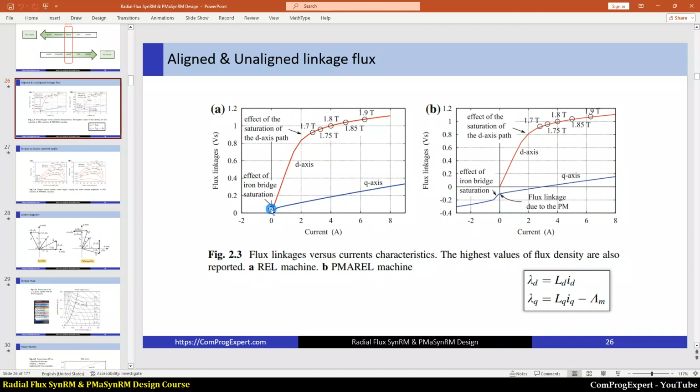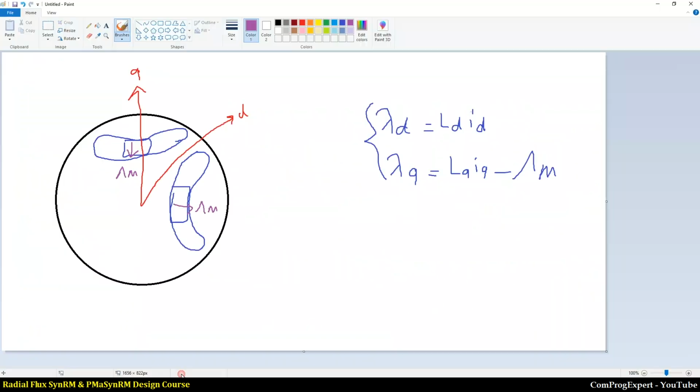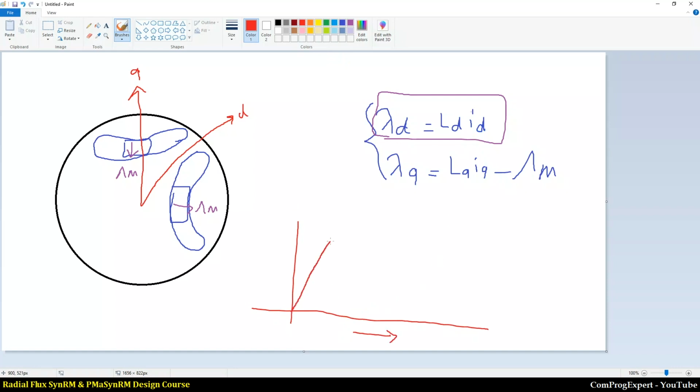So this red curve is the aligned flux linkage versus the current level. Lambda_D is equal to L_D I_D. So we increase the value of I_D and calculate the D flux linkage, this red curve.